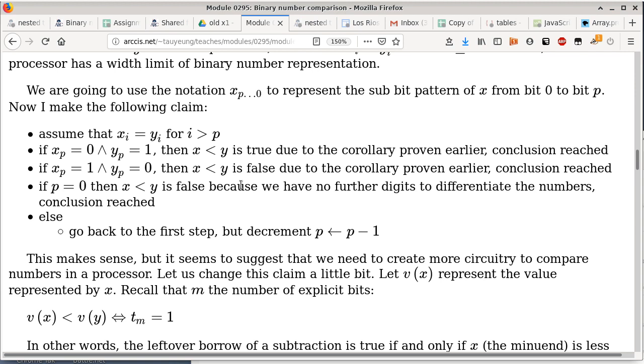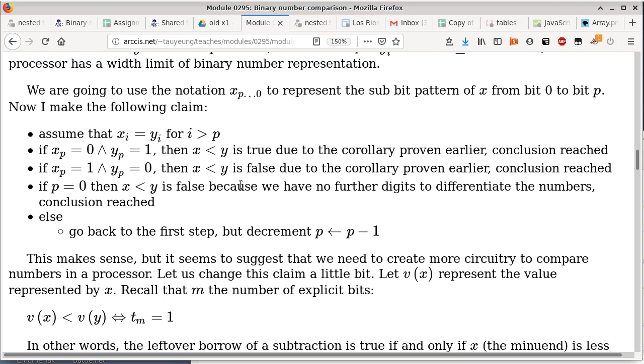If xp is 0 and yp is 1, then we know which one is bigger, because y has to be bigger. On the other hand, if xp is 1 and yp is 0, then we know that x is larger. Either way, we have a conclusion, and we can exit the loop because now we know the ordering between x and y.